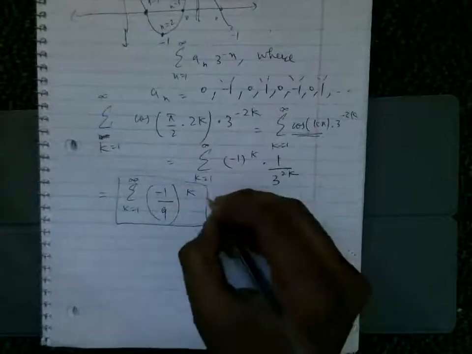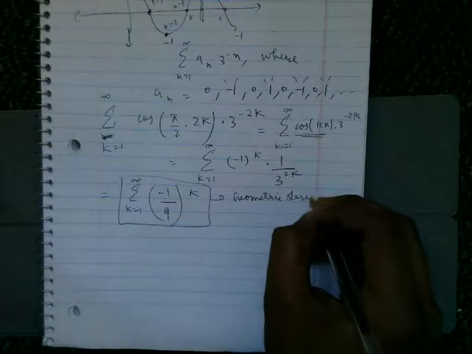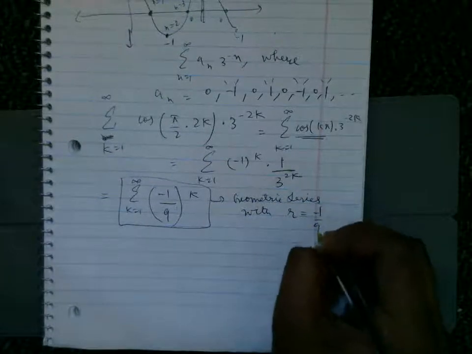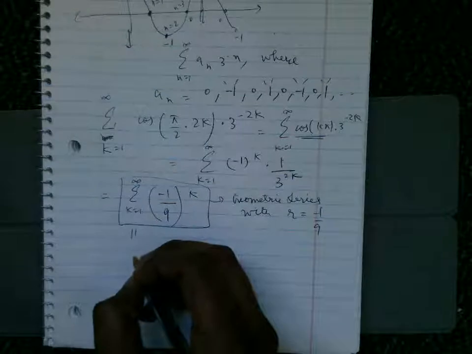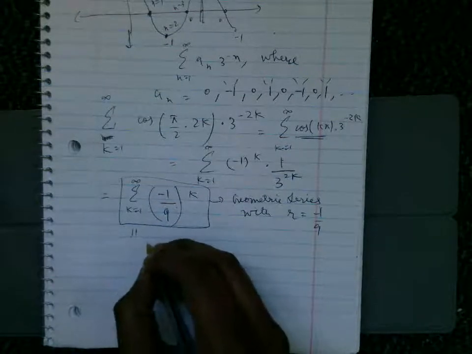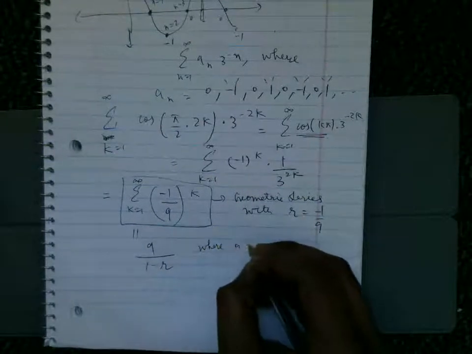So now you can see that this is a geometric series with common ratio minus 1 by 9. So the sum of this geometric series is nothing but the first term a by 1 minus r, where a is the first term.